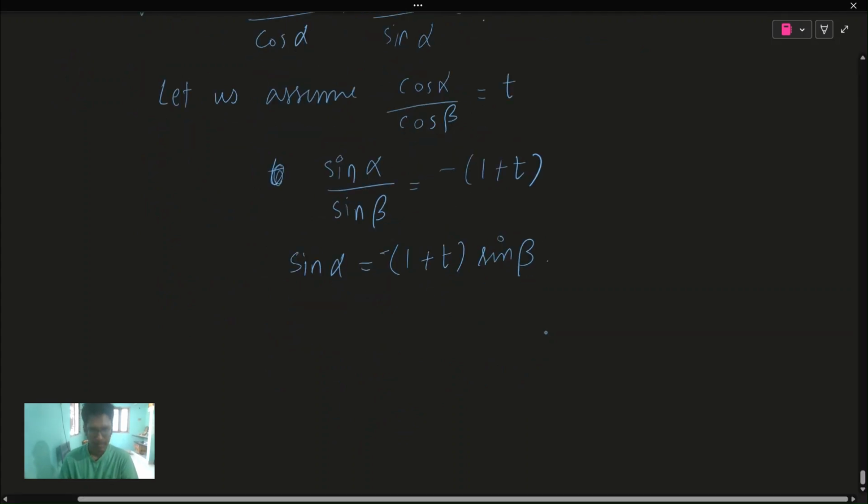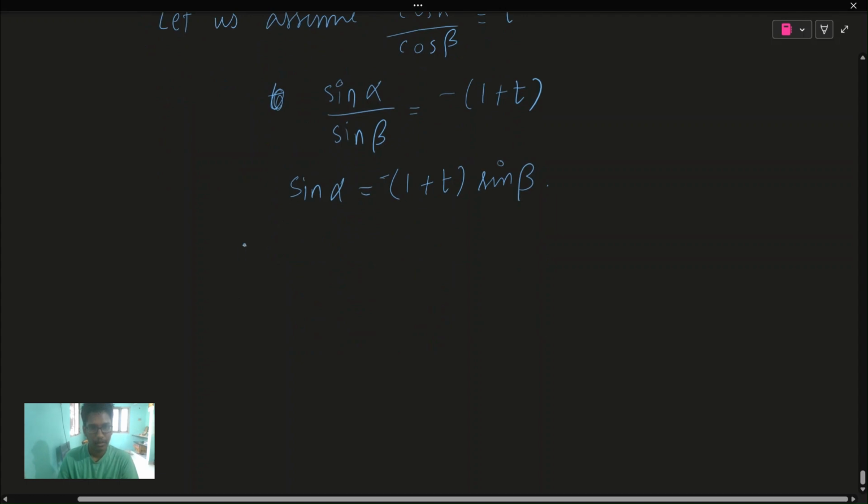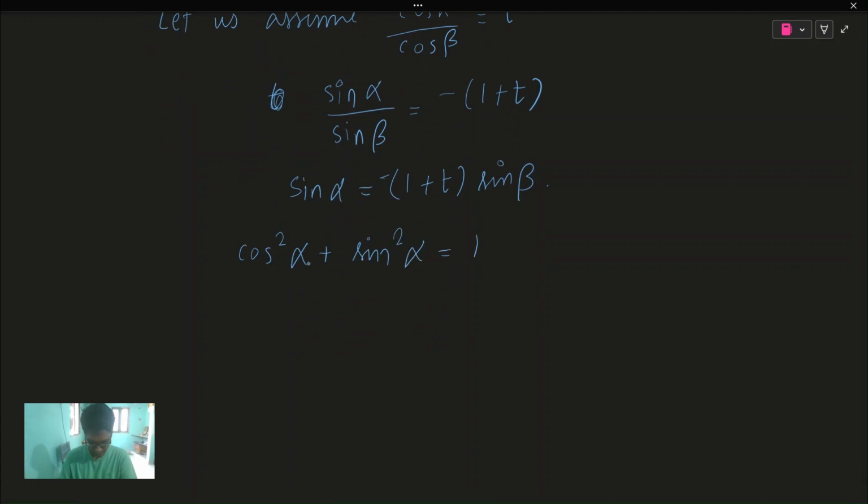Am I right? And we also know that cos square alpha plus sin square alpha is equal to 1. So just substituting, we would get t square cos square beta plus 1 plus t the whole square sin square beta equal to 1.